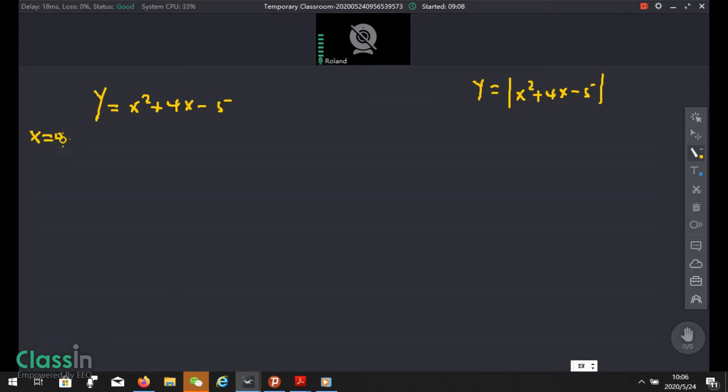If x is 0, of course, y will be -5. So this is the point where the graph will cut the y-axis. If y is 0, we have x squared plus 4x minus 5 to be 0, and we solve this quadratic equation.